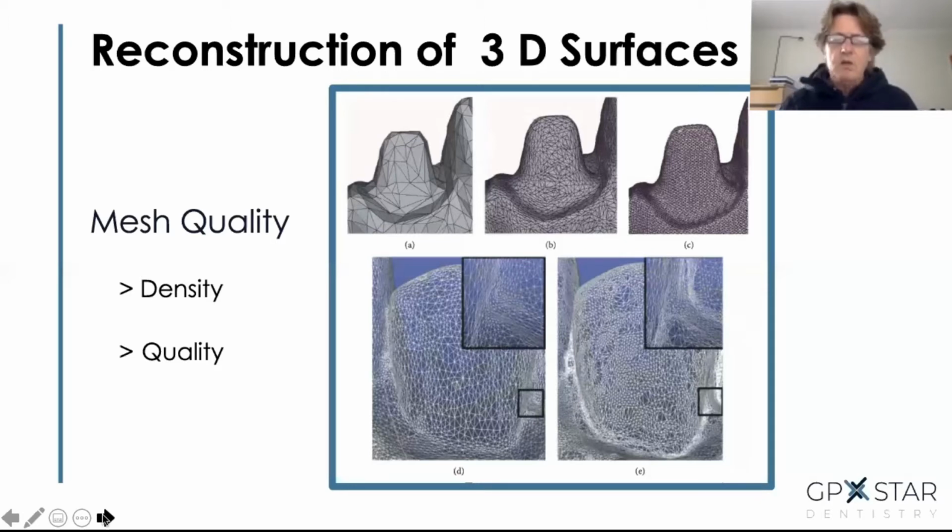Now, remember, these straight lines are infinitesimal, and it's not something that your eye will see in terms of the distance. So the quality of the mesh is directly related to how well your intraoral scanner can work with the information that it gains from projecting light onto the surface. Therefore we say that if the density of the mesh is increased, it also gives you a better quality surface so that you can produce a better fitting crown later on.